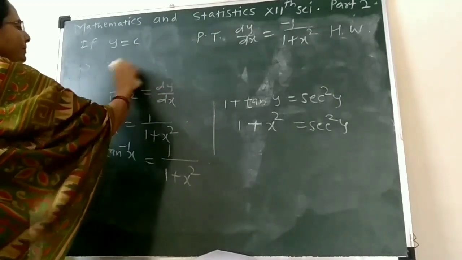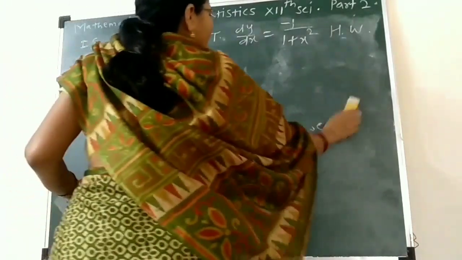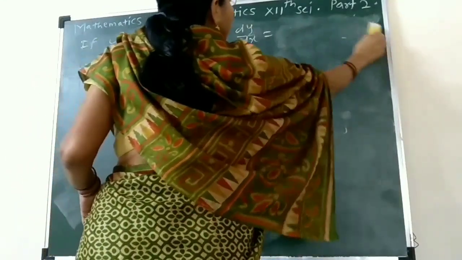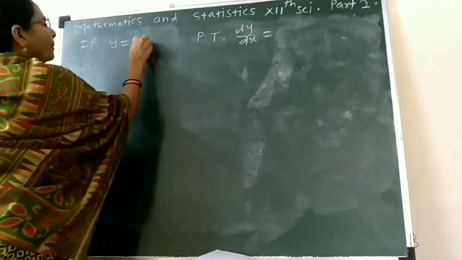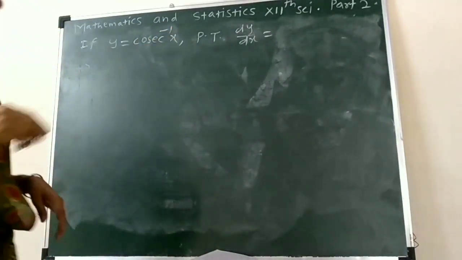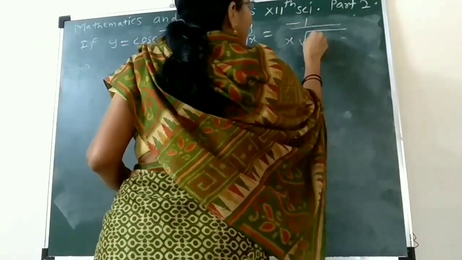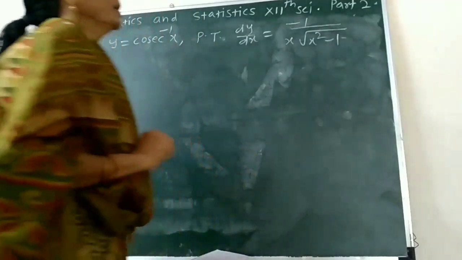Next is y equal to cosec inverse x. Dy by dx is equal to minus 1 upon x root x square minus 1.